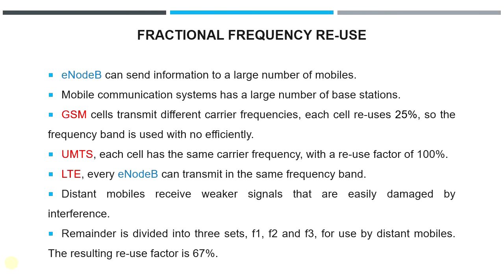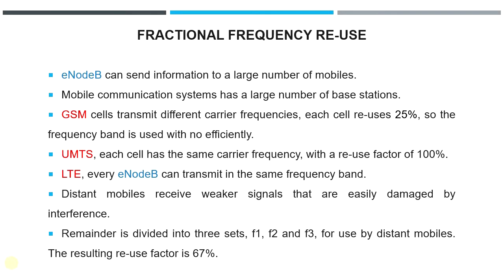In UMTS, the third generation, each cell has the same carrier frequency, with a reuse factor of 100%. This technique uses the frequency band more efficiently than before, but at the expense of increasing interference in the system.